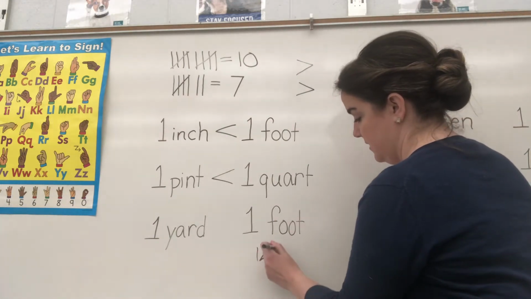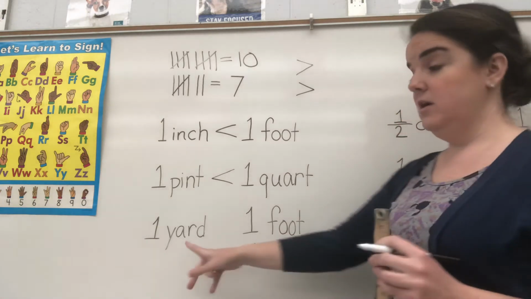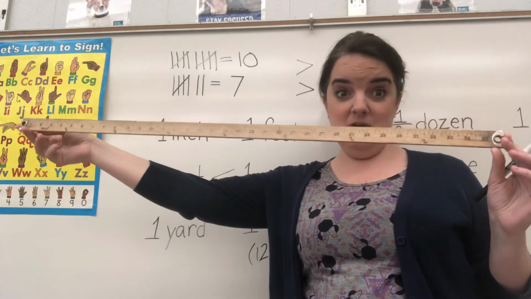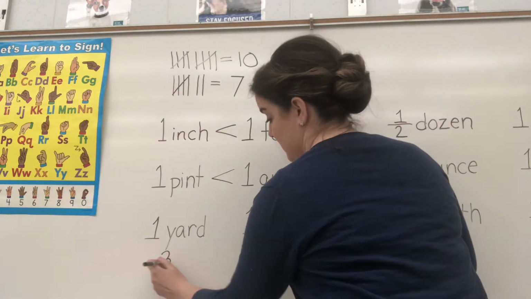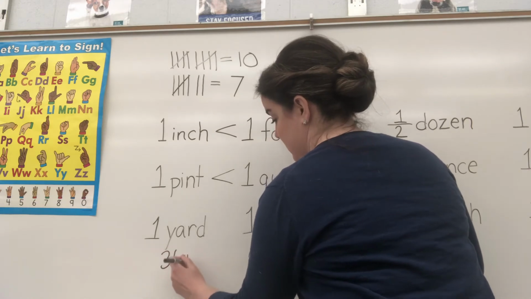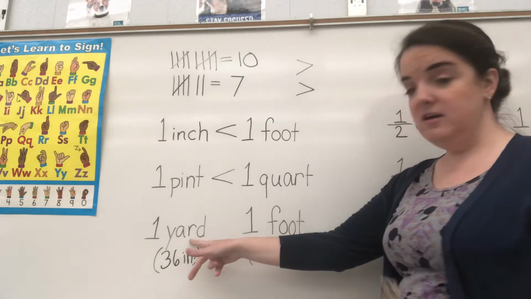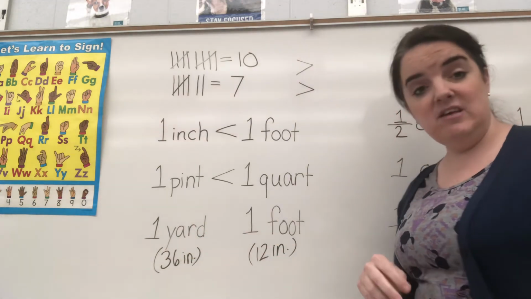I'm going to write this below. 12 inches. Now, 1 yard, remember, I said 1 yard is 3 rulers put together, and that's 36 inches. So is 1 yard greater than 1 foot, or is 1 yard less than 1 foot?